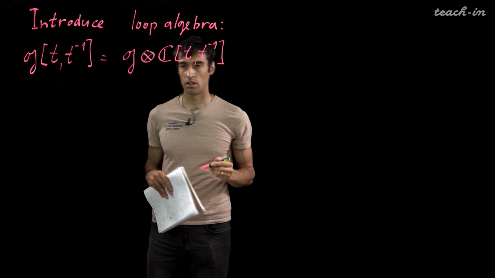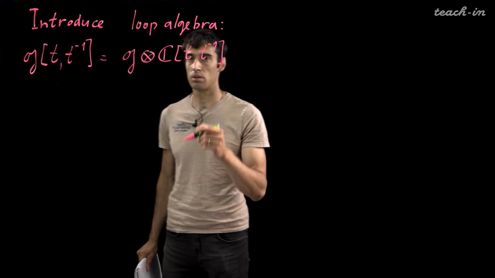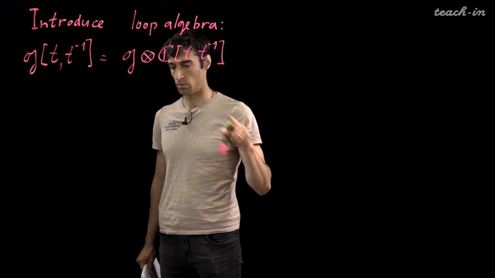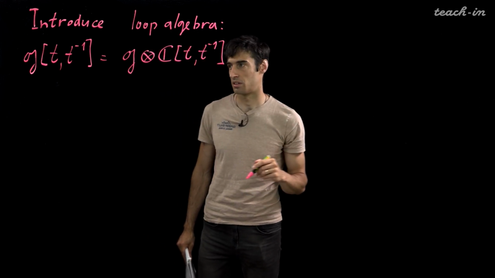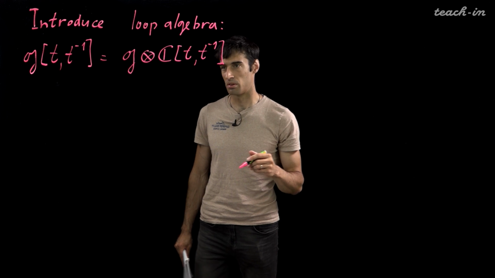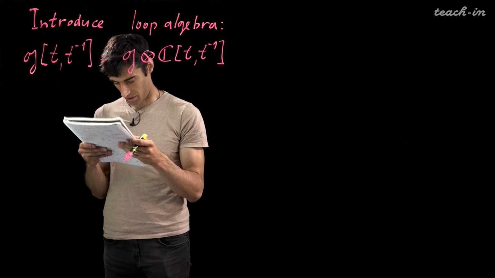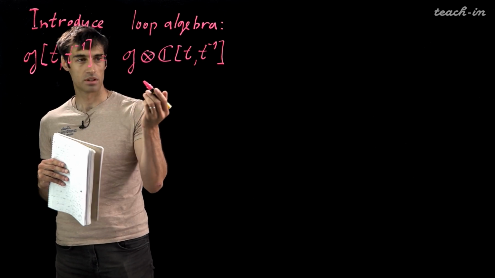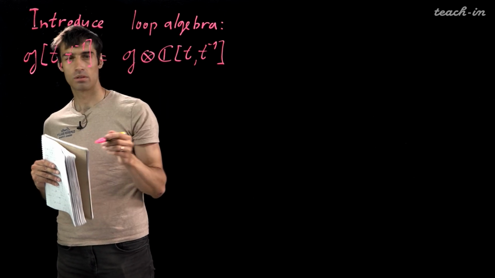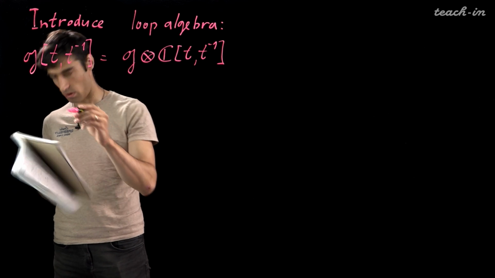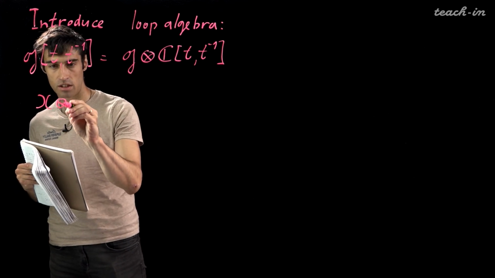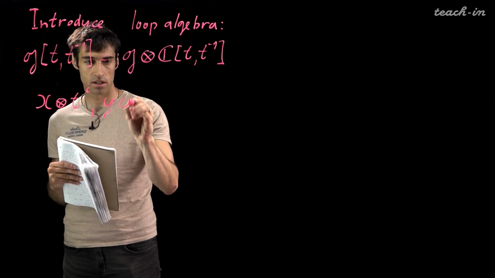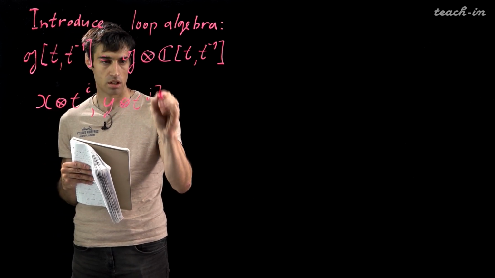So why is it called loop algebra? Because you can think of it as g-valued polynomials on a circle, and a circle is also a loop. Okay, and I need to introduce how the bracket works on this vector space. So I commute x tensor t to the power i with y tensor t to the power j as follows.